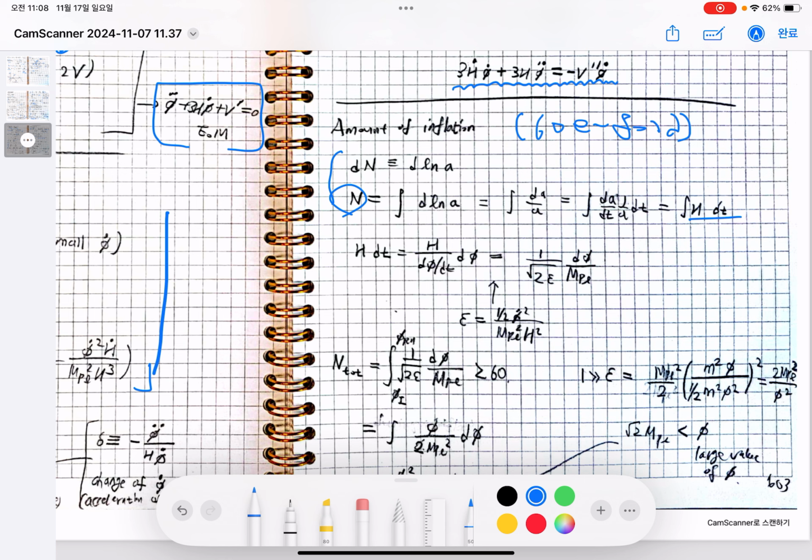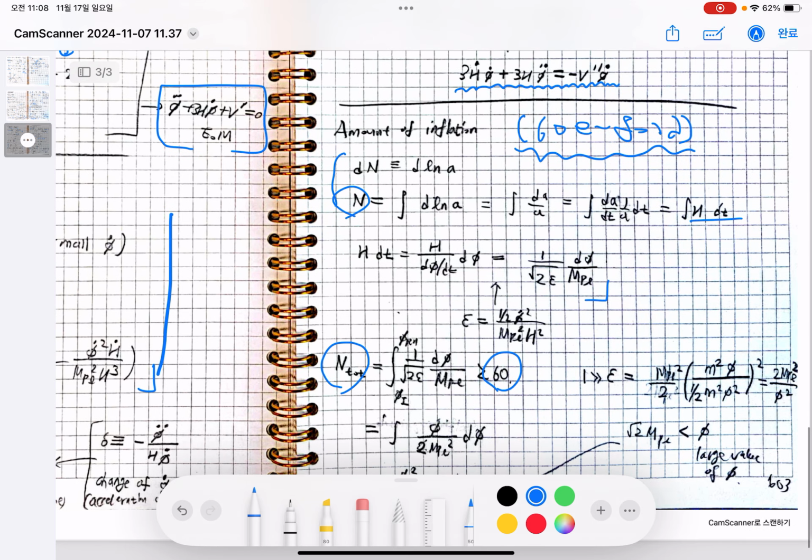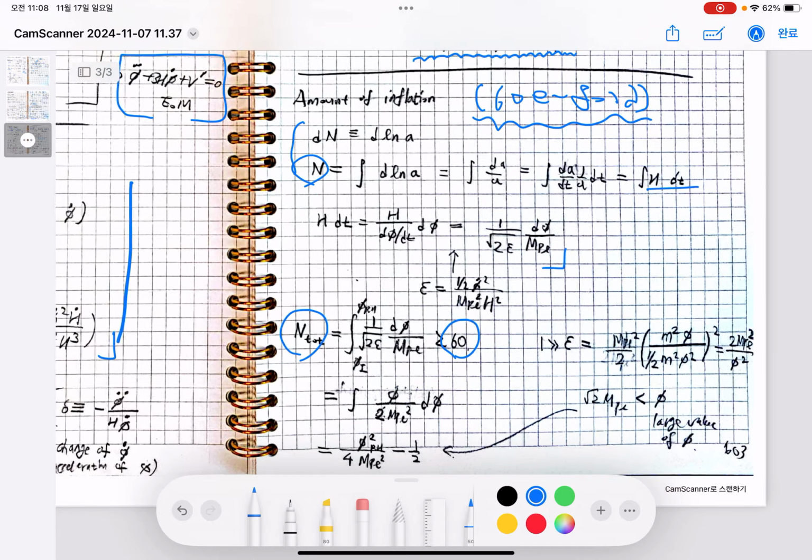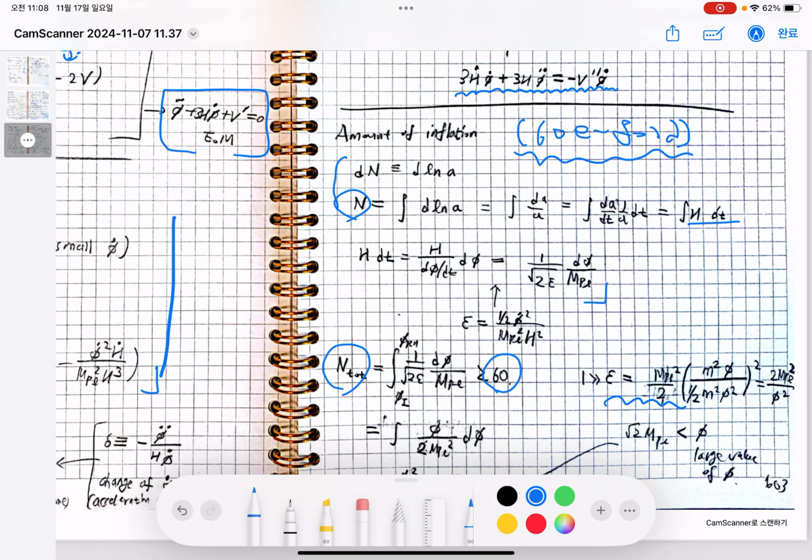So the total N should be larger than 60 as the 60 e-fold condition, and we know that epsilon is given by this term. We use the potential term here. So epsilon can be expressed as a function of the scalar field, and epsilon should be small, so the field value φ should be larger than the Planck mass here.